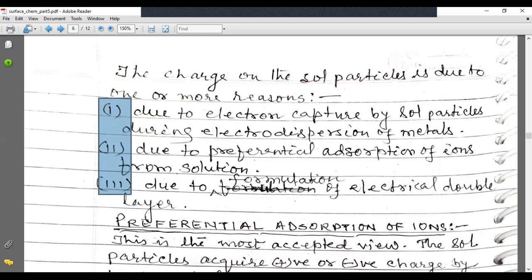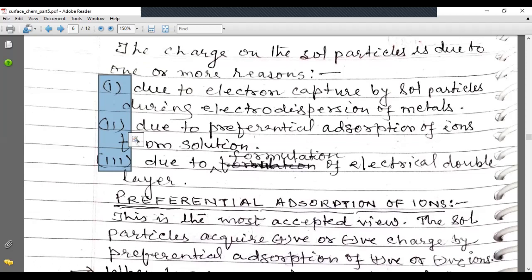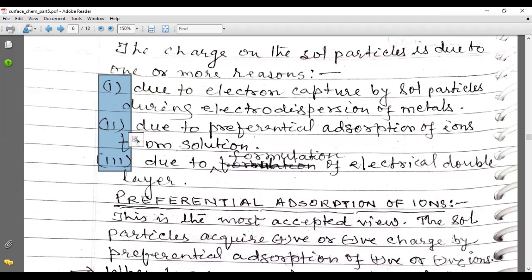So this is the most accepted view, where we see the colloidal particles acquire positive or negative charge by preferential adsorption of positive or negative ions. When two or more ions are present in the dispersion medium, preferential adsorption of the ion common to the colloidal particles usually takes place.